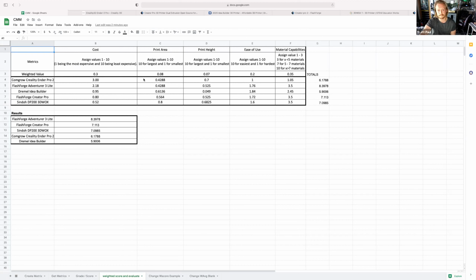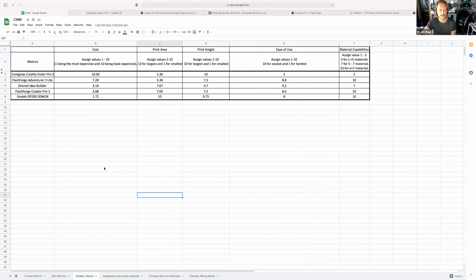Okay. Over here for print height, only 7%. We're only concerned with this about 7% of the overall grade. So 7% times, what were we looking at? The Adventure 3 Lite, or no, Creator Pro. So Creator Pro 0.07 times 7.5, right?